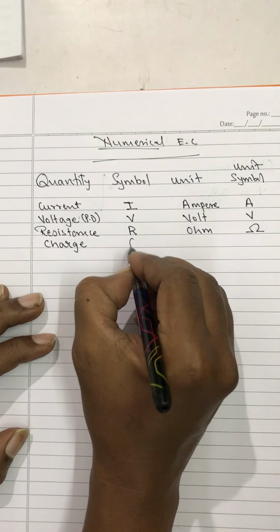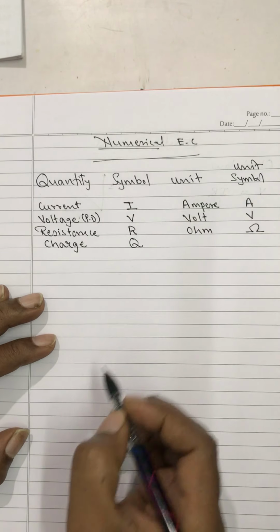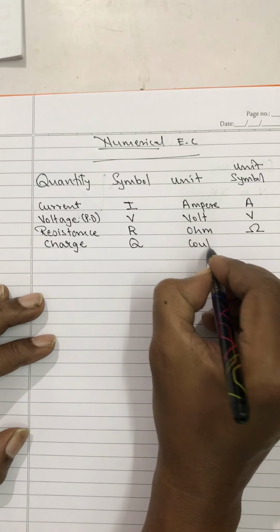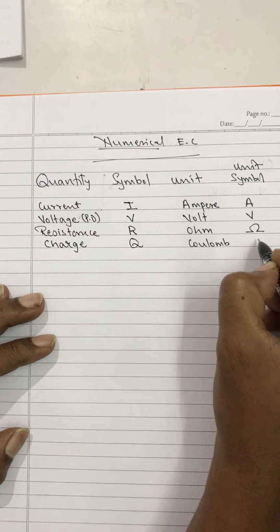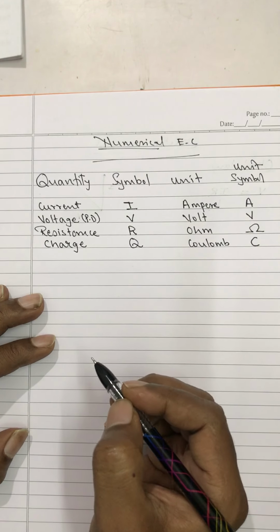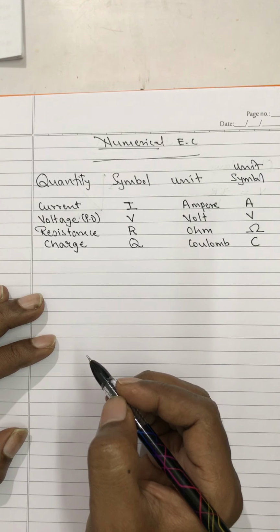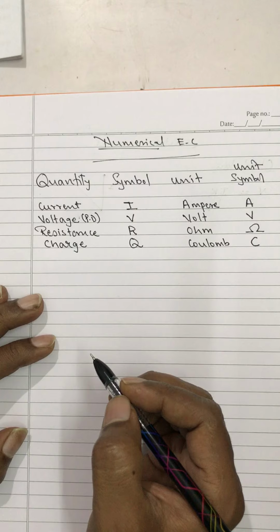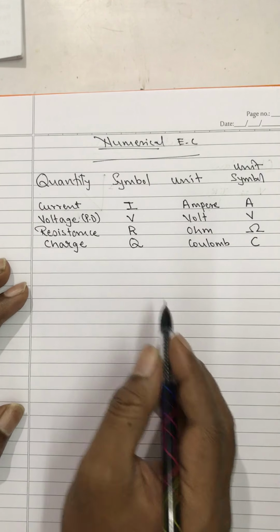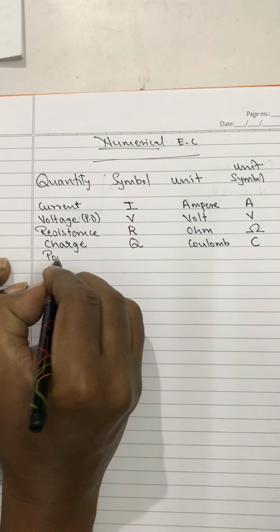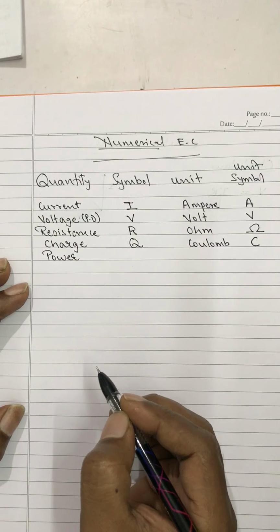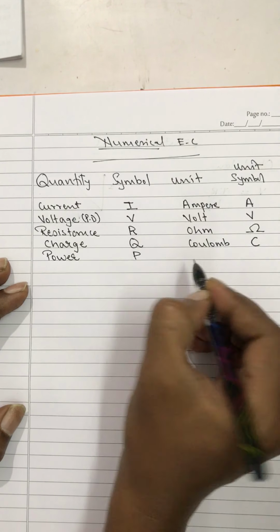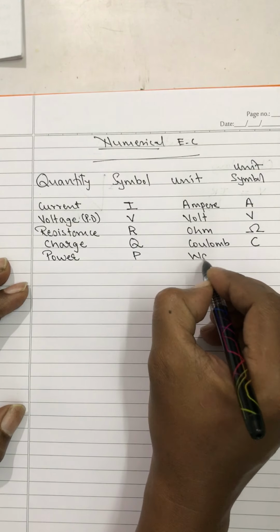The symbol of that is capital Q and the unit is coulomb, and the symbol of this unit is capital C. Okay, this is done, most of the part. And then we also have power. The symbol is capital P and the unit is watt.